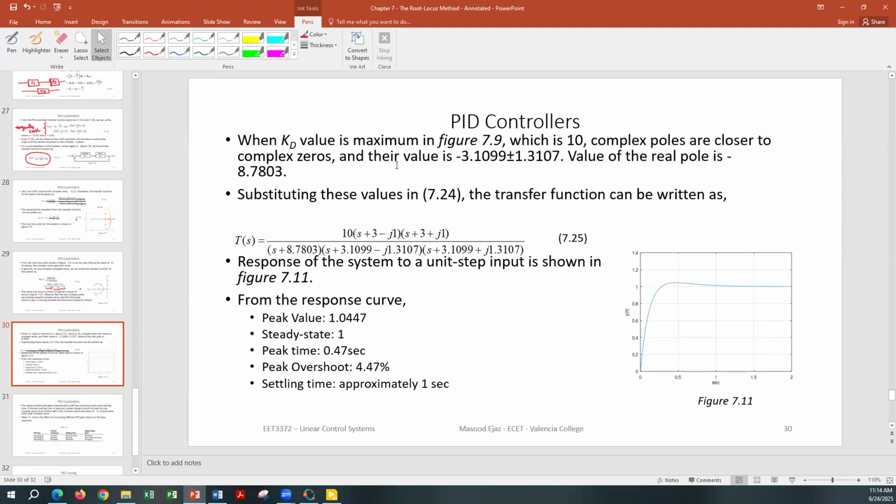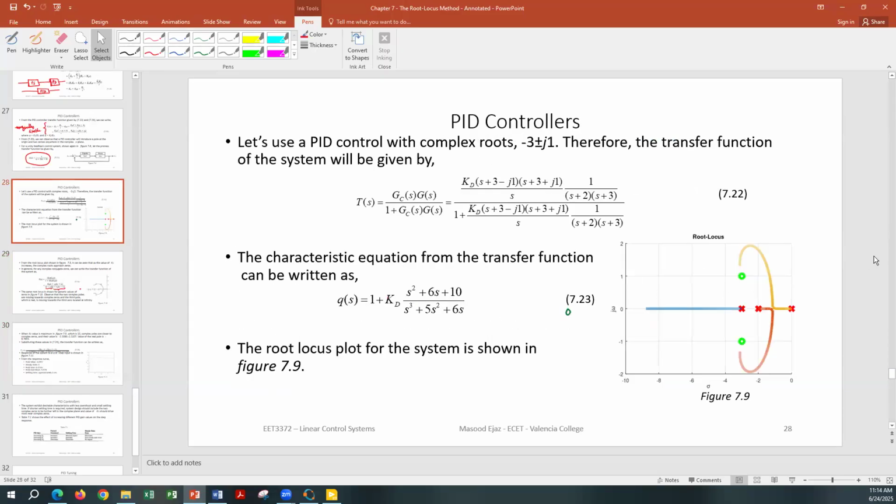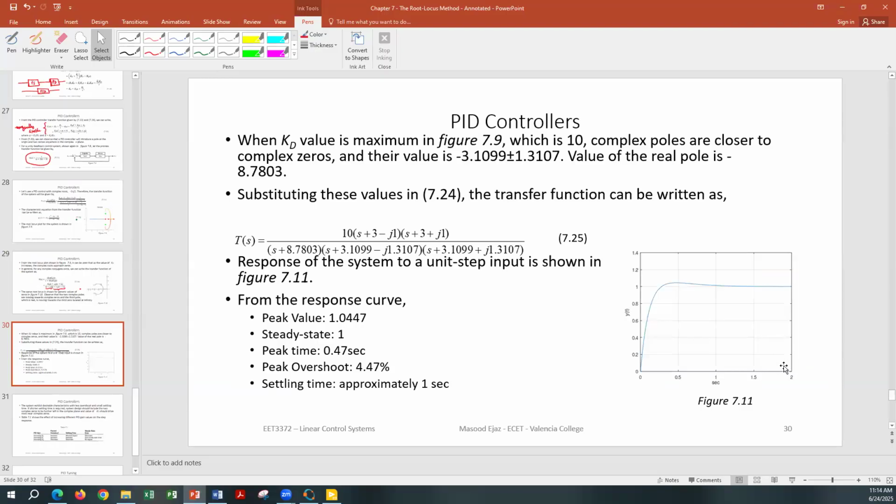When the Kd value is maximum in figure 7.9, it's heading towards the zeros, very close to them. When we calculate the value of Kd very close to the zeros, which is 10, the complex poles are closer to the complex zeros, and their values are -3.1 plus or minus j1.3.